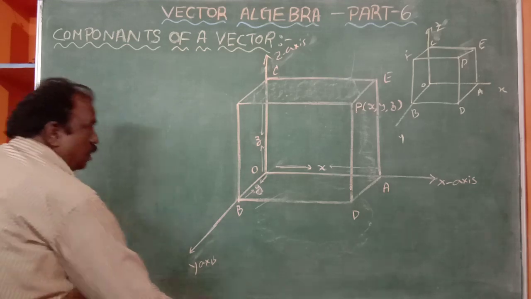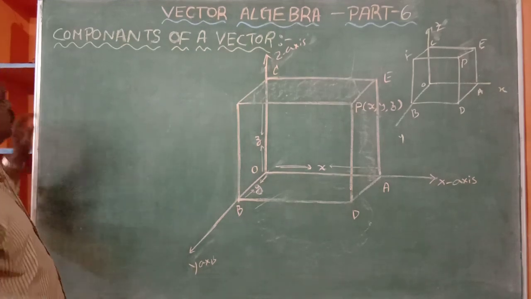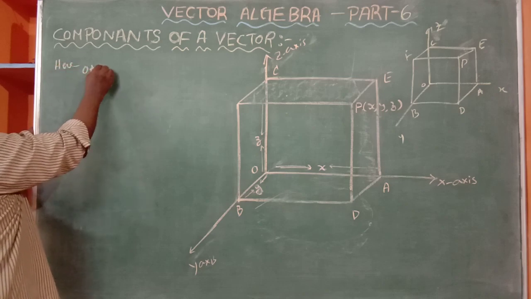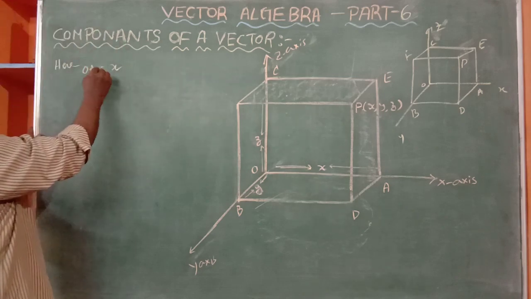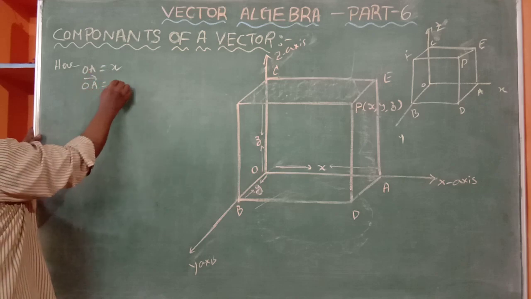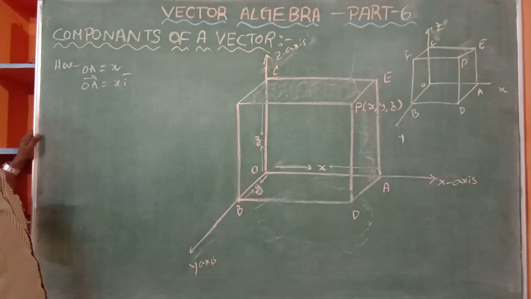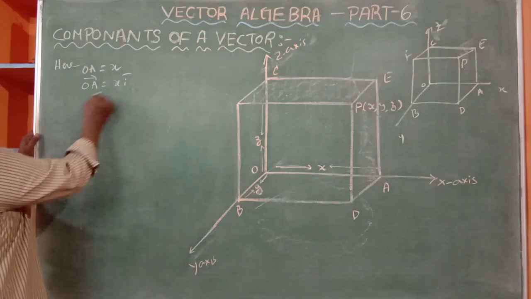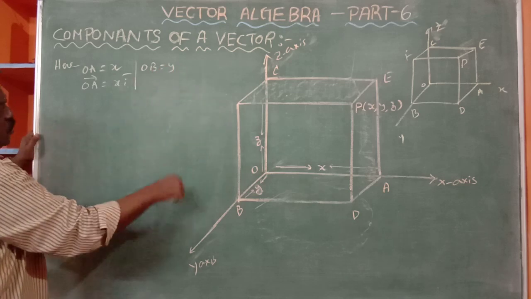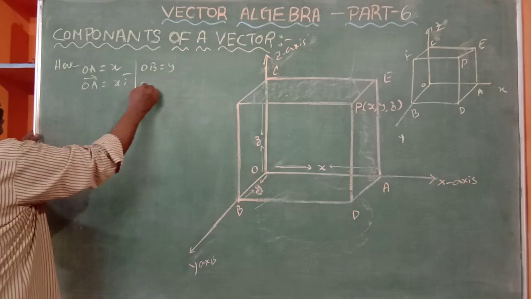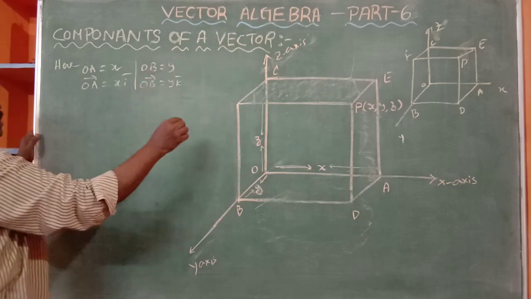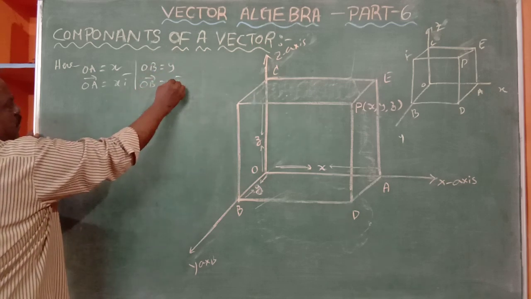Again, here OA is x units. Then the vector OA is x i cap. And OB is equal to y units, the y-coordinate. Then the vector OB is equal to y j cap.